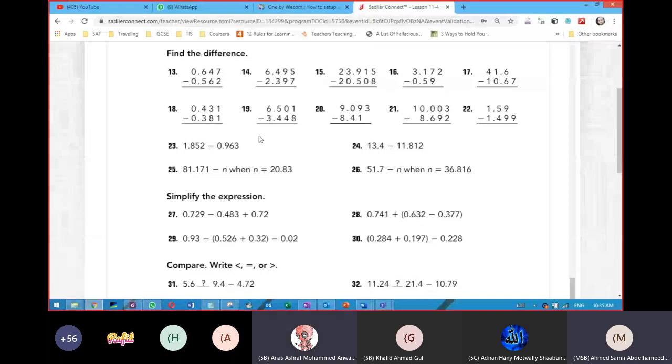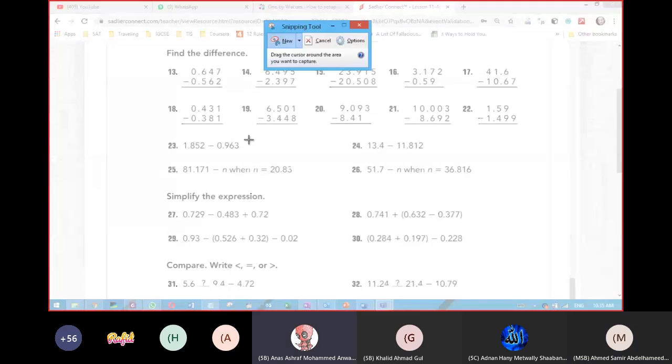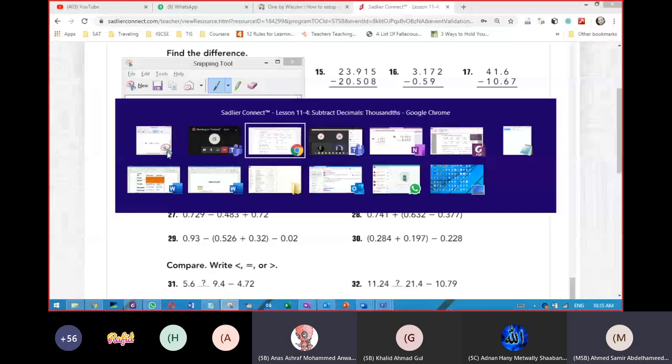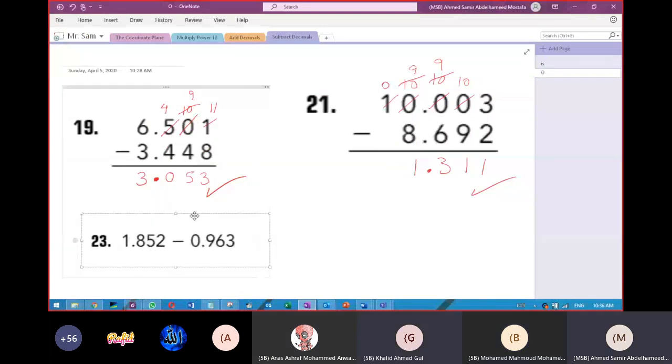We're doing number 23 now. 1.852 minus 0.963. Guys, mute your microphones. We're doing this quietly, please.